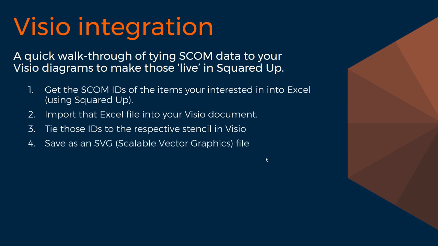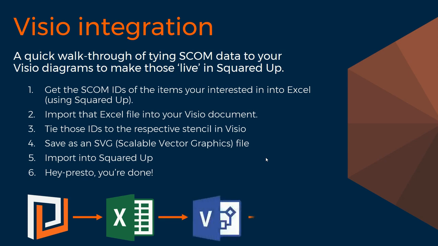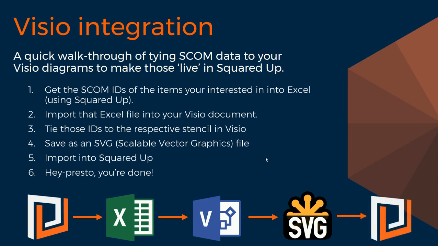From there, you can save it as an SVG file using native Visio functionality. It's then imported into Squared Up, and hey presto, you're done. That will then be live. So Squared Up to get your SCOM object IDs. They are pulled down into Excel, which you import into Visio, save the file as an SVG, and pop it back up into Squared Up.